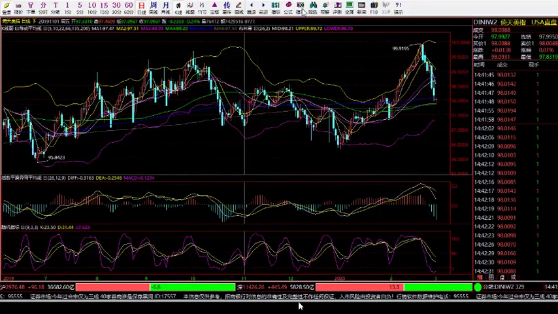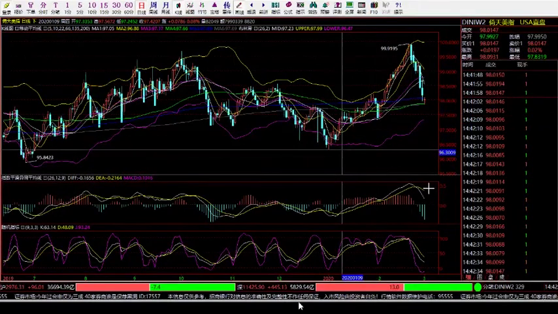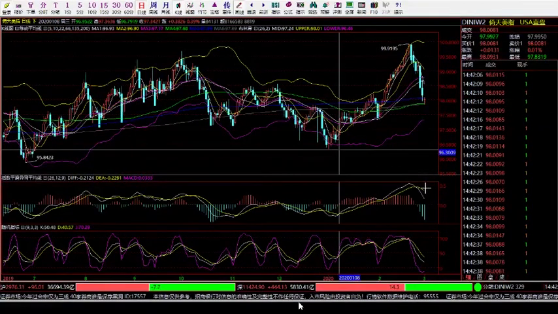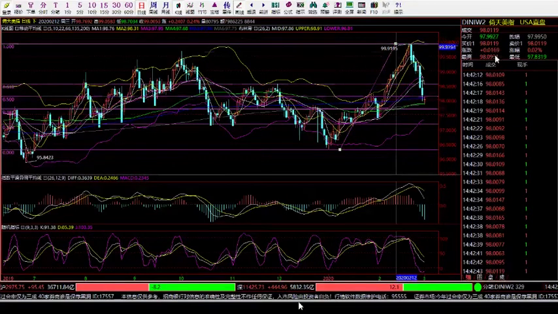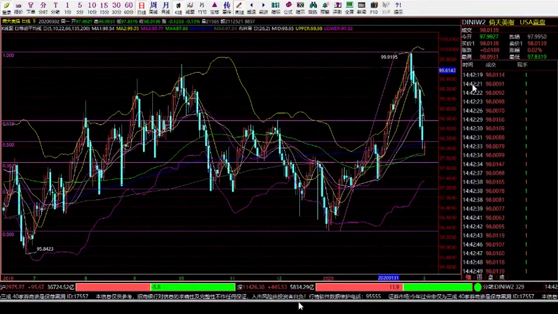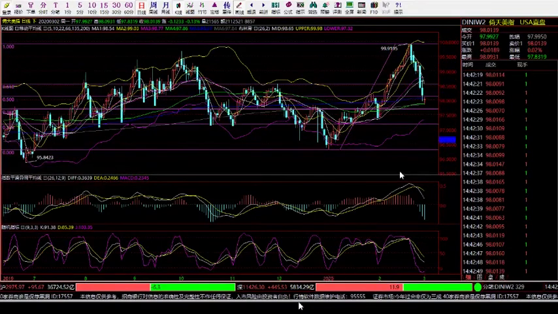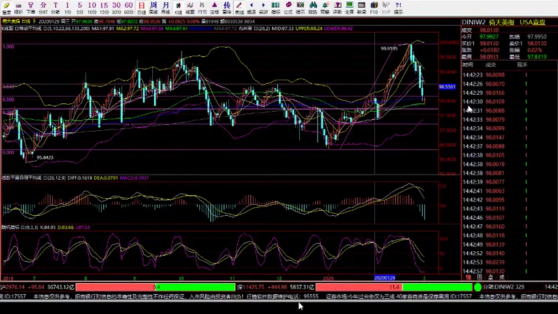Also, we can see another analysis. For this increase, it's from this point around 96.3, and the highest point is 99.91. So we use the Fibonacci analysis. The first support is around 98.5.